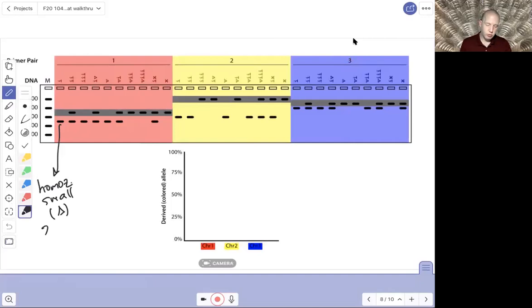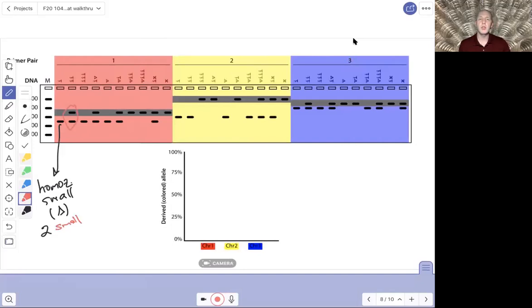So that's 2 deletion alleles. And in this case, I've color-coded that section of the gel red because the small version is the derived mutation, the mutation that's specific to that population. So this individual has 2 small alleles. A heterozygote has 1 large, 1 small.